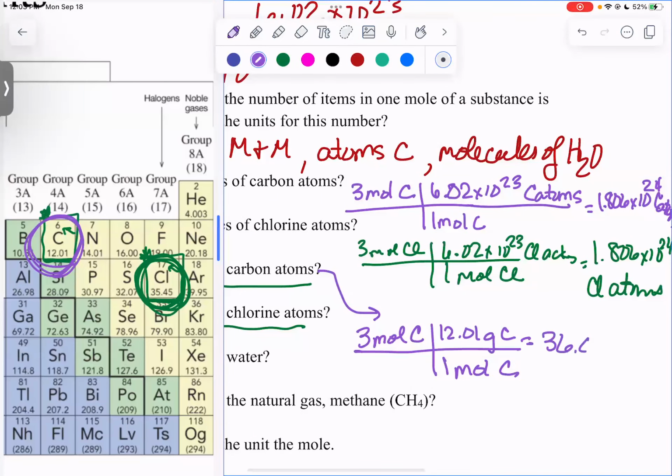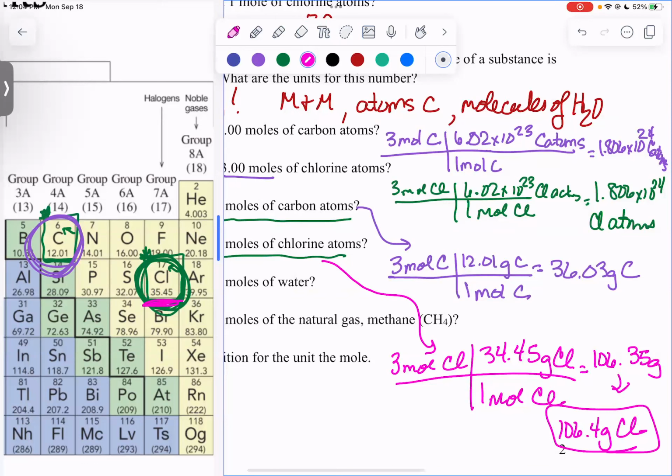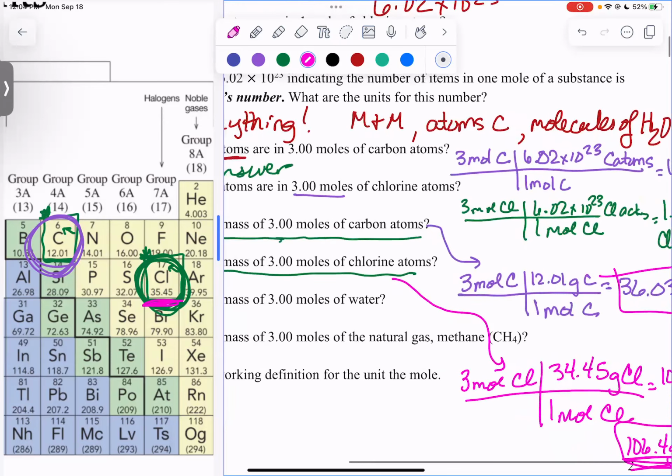So that gives me 106.35 grams, or if we round that correctly, 106.4 grams of chlorine. So which one weighed more? The chlorine or the carbon? The chlorine weighed more. And that makes sense because each individual chlorine atom weighs more than each individual carbon atom.